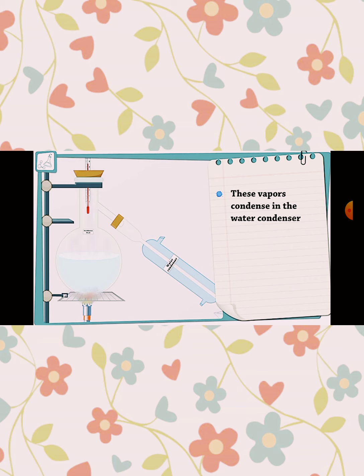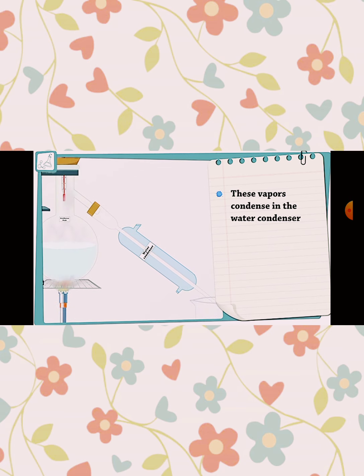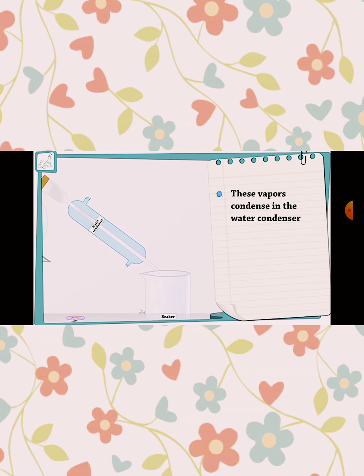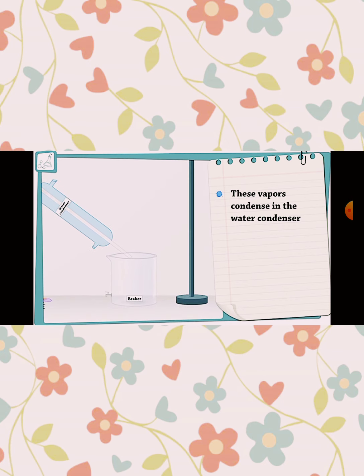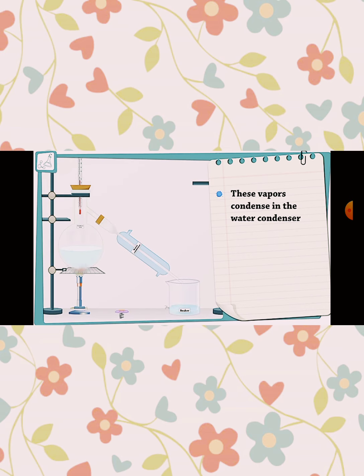These vapors condense in the water condenser. The condensed acetone gets collected in the beaker.